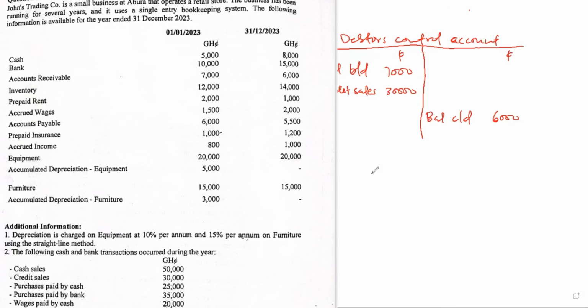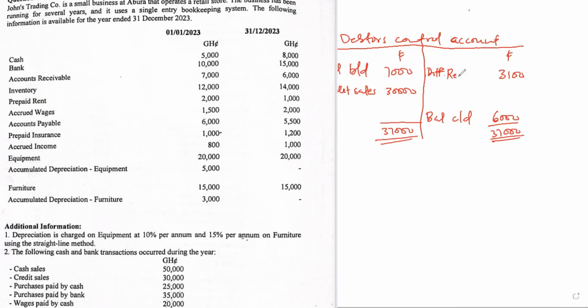When we balance our accounts, the total for this side is 37,000 and here is 37,000, meaning the difference will come to the credit side. That difference is 31,000, and it is called the receipt from debtors.